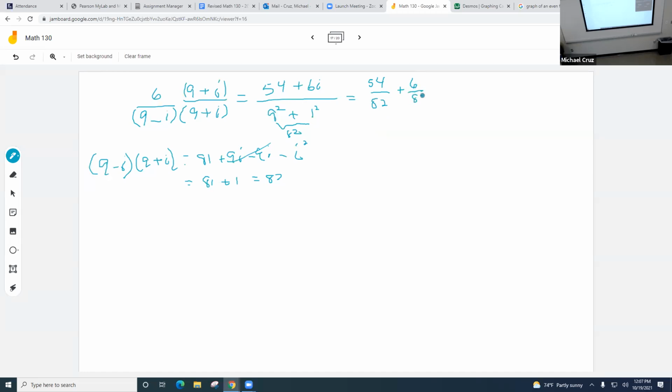Anytime we can simplify, we'll do it. Is there any common factor top to bottom? 54 and 82 are both even, so that's 27 over 41. And so there's your standard form.